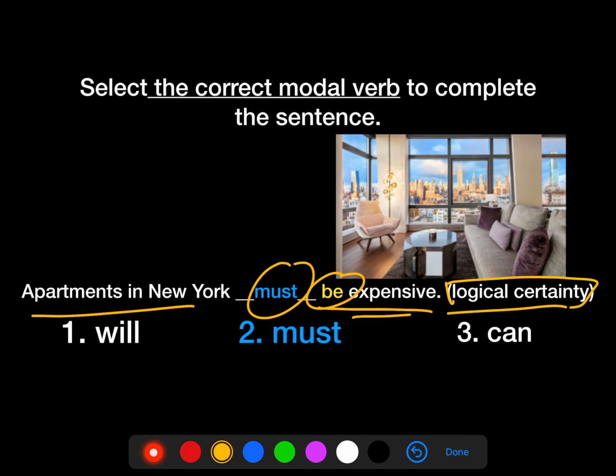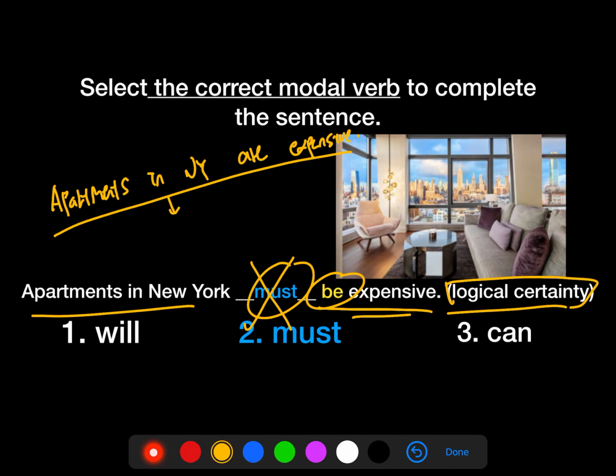Okay. So what if we erase the modal verb? We can say apartments in New York are expensive, right? So we want to put logical certainty here.